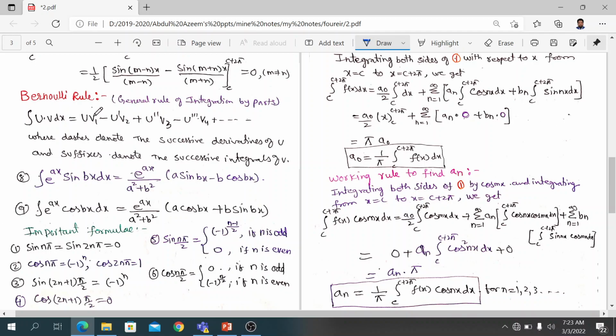So v1 means first integration, v2 means second integration, v3 means third integration, v4 like that.